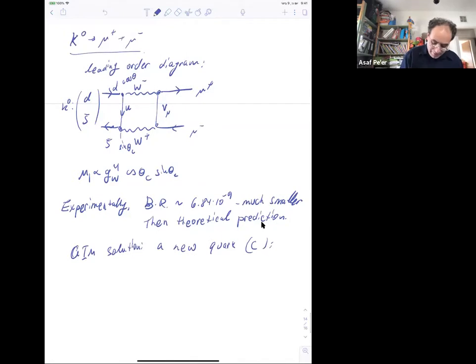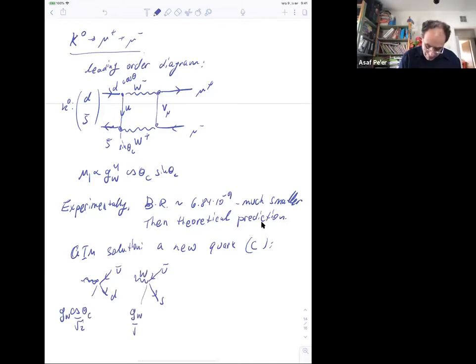If we have the up and down coupling to the W, this will be G weak over square root of 2 times cosine theta Cabibbo, and the up and strange will be G weak over square root of 2 times sine theta Cabibbo.